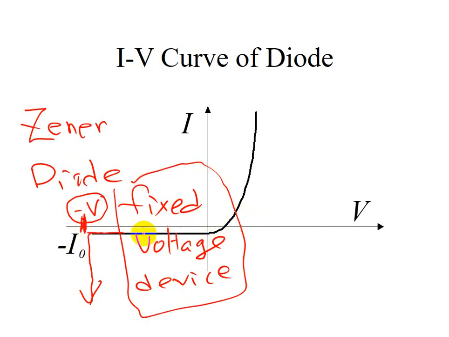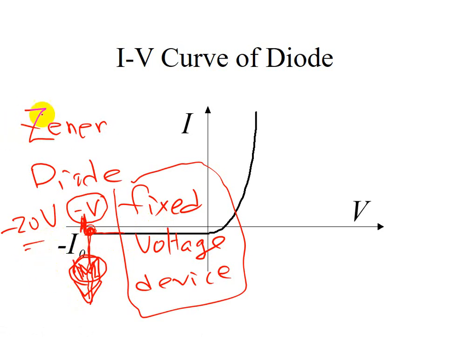When the reverse bias reaches a design level, a large current goes through. So, for example, this is minus 20 volt. At 20 volt difference, current always goes through. So the device here may be a motor, which will turn on when the voltage difference reaches 20 volt.